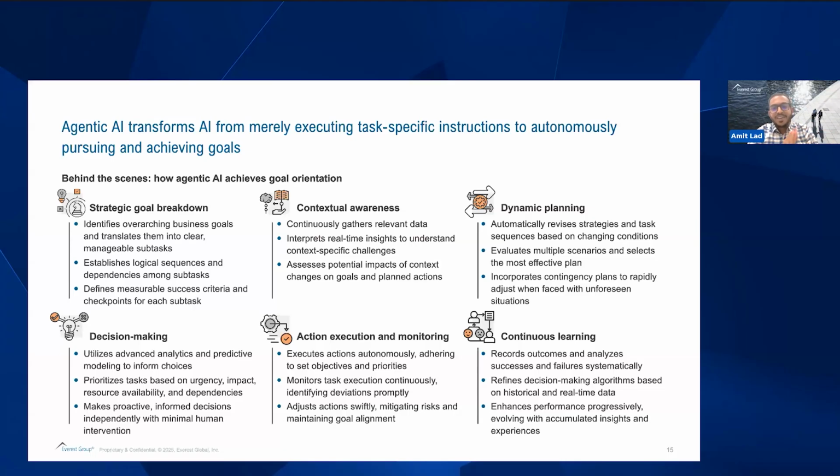After the planning stage is over, it will move on to making those decisions, where it will prioritize the tasks based on urgency, and will also proactively decide where human intervention is required and where human intervention is not required.